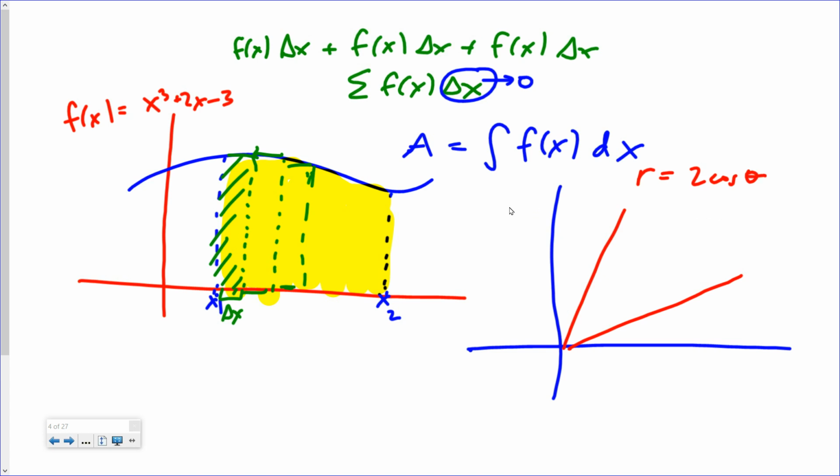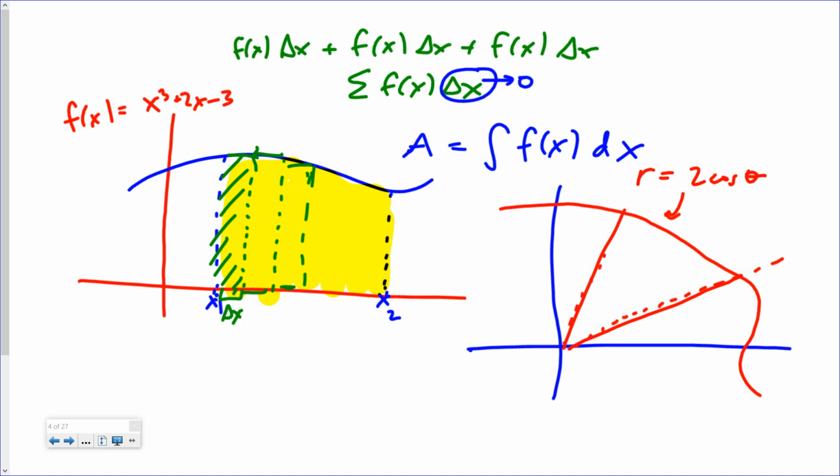So your r is your limiting function here. It's r with respect to theta, whereas this was f with respect to x. Over here, you started and incremented in delta x's. Over here, what you're going to do, let me put some dotted lines here.